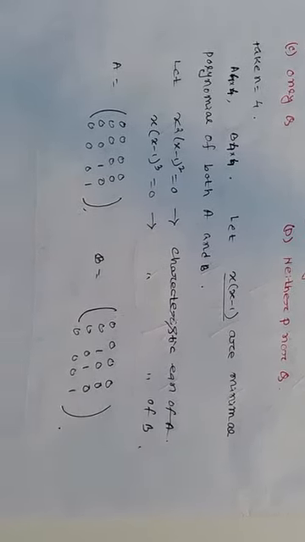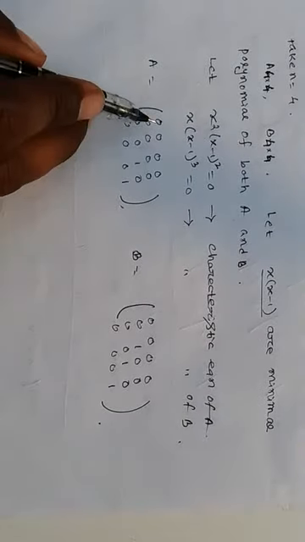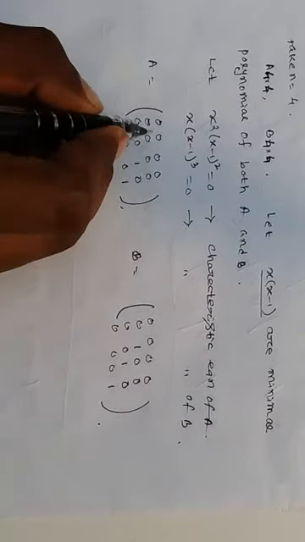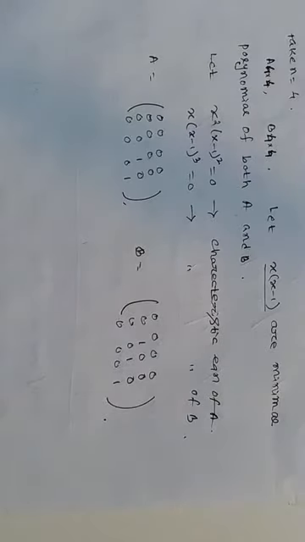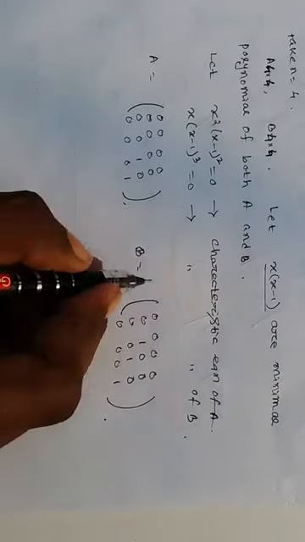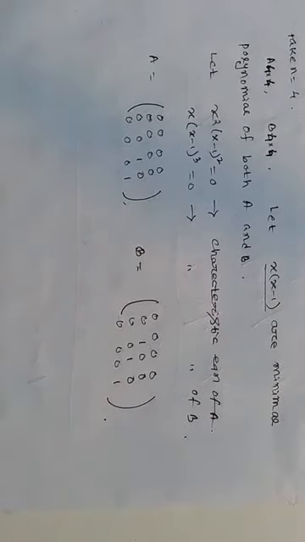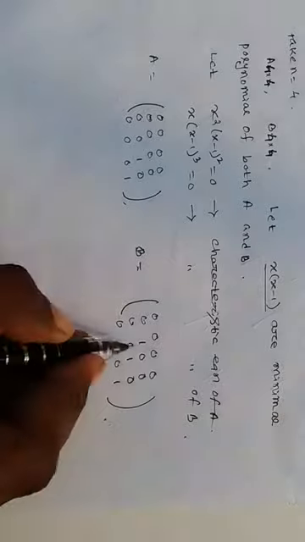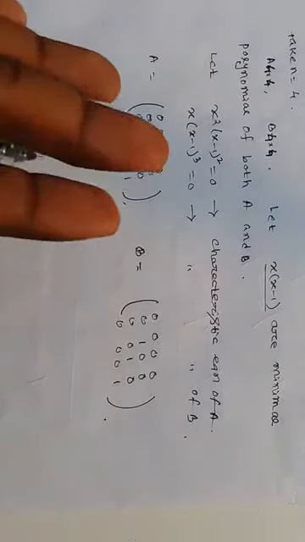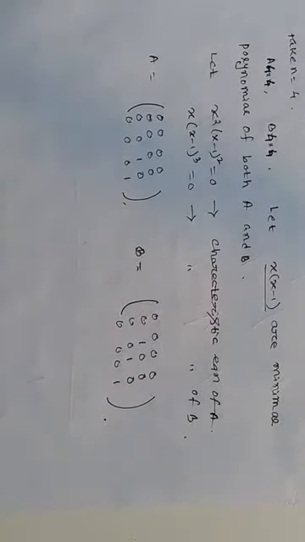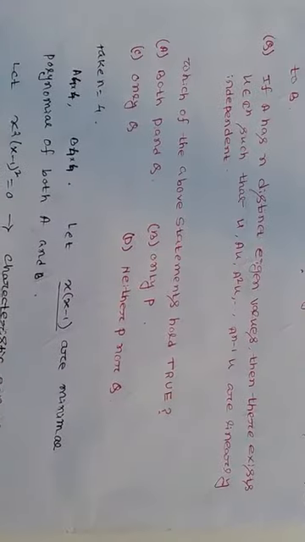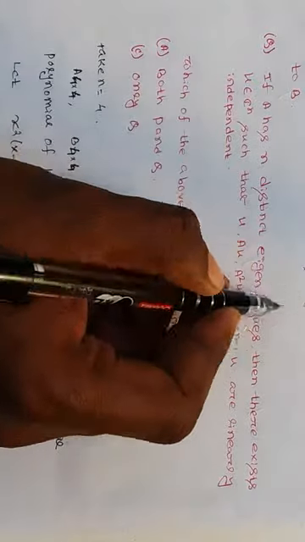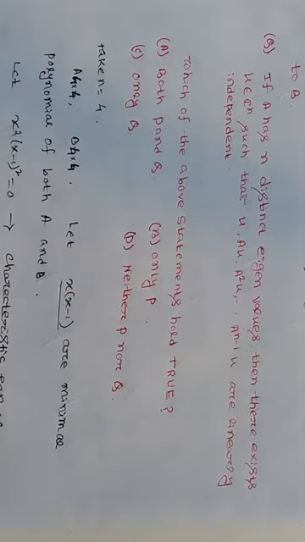And clearly A and B are not similar, because the eigenvalues of A are 0 and 1, each with algebraic multiplicity 2, and B is a matrix whose eigenvalue 0 has multiplicity 1 and the other, 1, has algebraic multiplicity 3. So these two matrices are not similar. So the statement, if A and B have the same minimal polynomial, then A is similar to B, is a false statement.